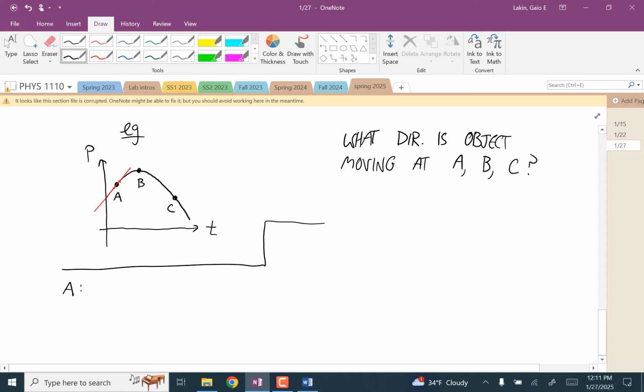Yep. So that's a positive slope. So velocity is positive. And that means it's moving in the positive direction.